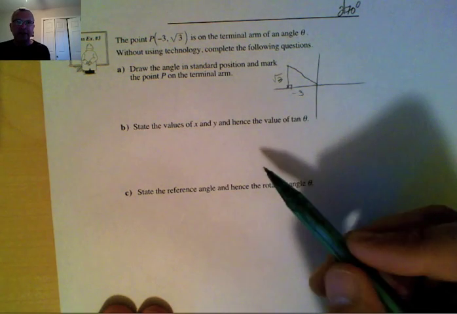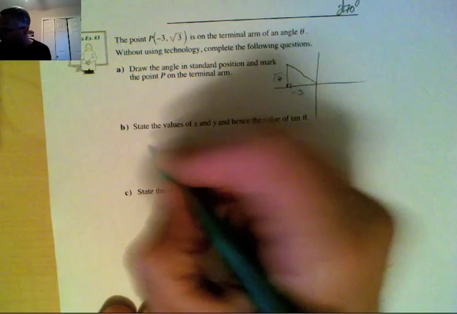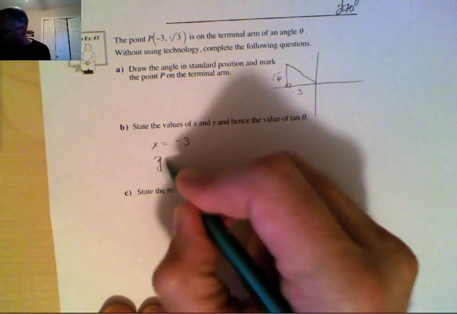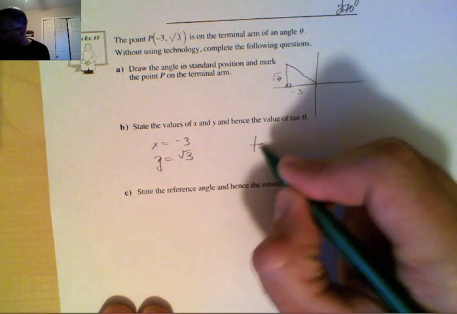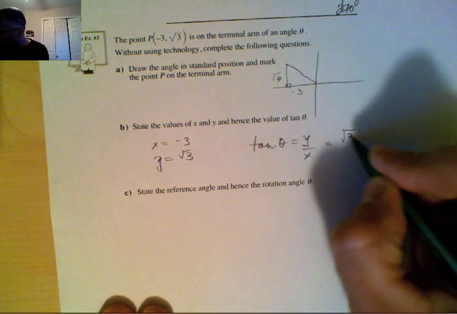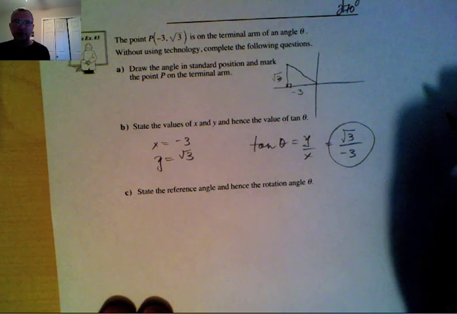It says, state the values of x, y, and tan theta. Well, x in this case is -3, y is root 3, and tangent is y over x, which is going to be root 3 over -3, or negative root 3 over 3.